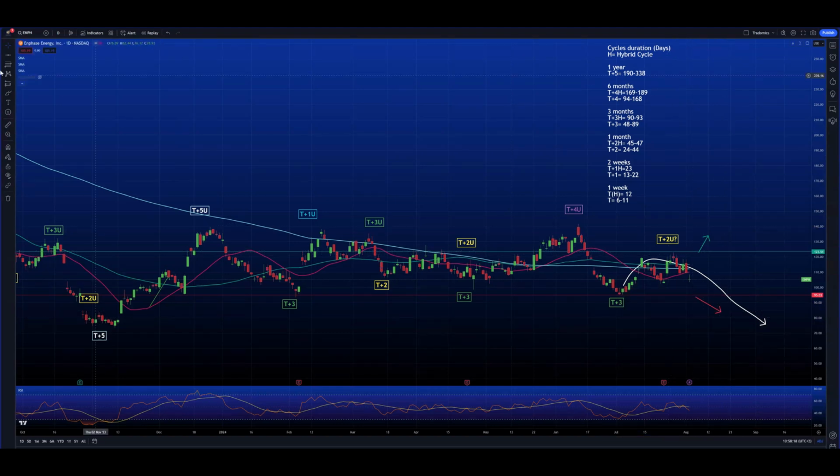And the same will be here. So as this is a T plus 2, in case we will have the return of the price back to this top and it will be broken before its minimum duration of 24 days, then we would expect also a rise of the price back to the top, to this first top, and then even beyond.